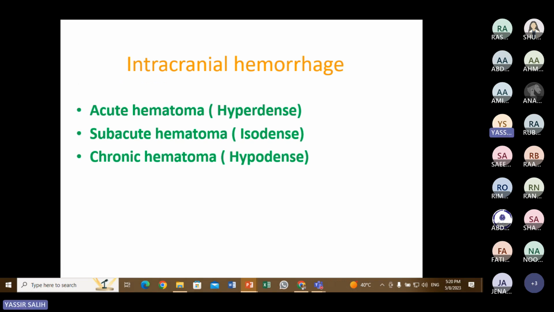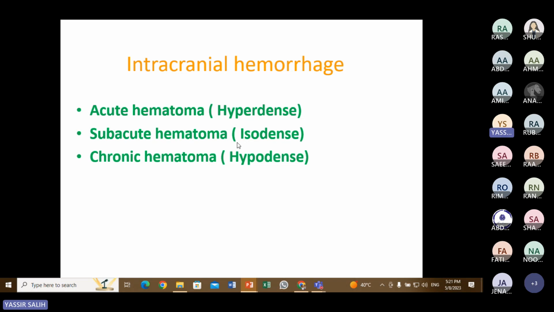طيب نيجي نتكلم عن الهيموريج ذاته، after we talk about the appearance of hemorrhage on CT. فإن البلاد دي either يكون acute blood, acute hematoma, or subacute or chronic. On CT any acute blood appears hyperdense, يعني أبيض, white on CT.